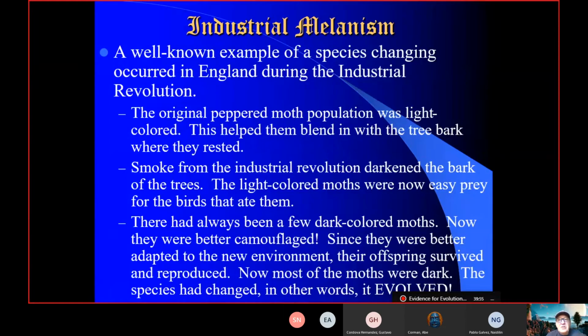We might imagine that there was one area with lots of factories darkening the bark of trees, and another area, maybe 500 miles away, where the moth also lived, but there were no factories. And so then we have some light colored moths in one area and dark colored moths in another area.